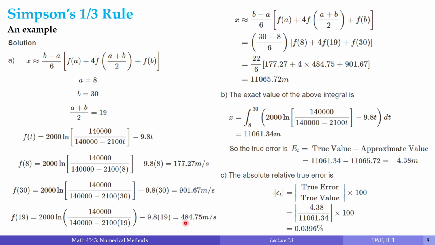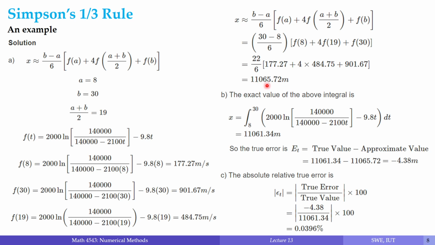And for f of b we plug in the functional value of the upper limit, f of 30, which was 901.67 meters per second. Using a calculator you'll end up with 11,065.72 meters, which is an approximate value of the distance covered by this rocket.